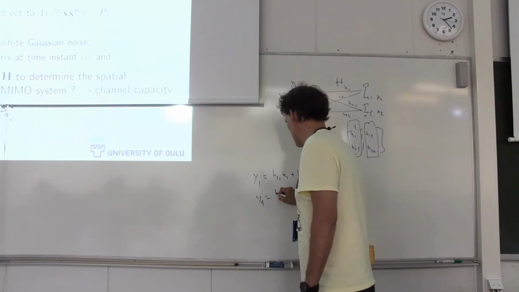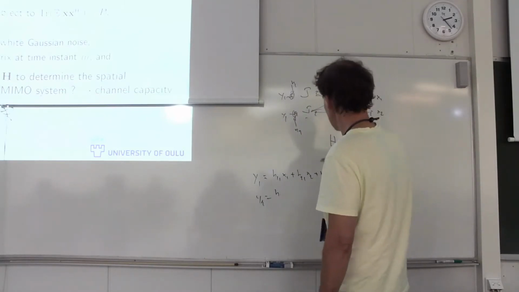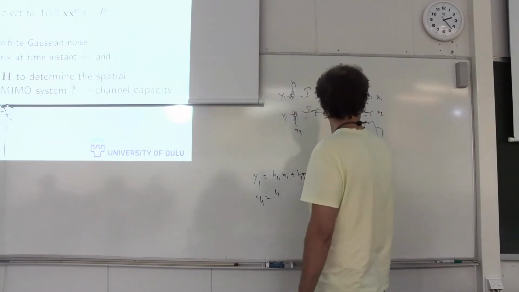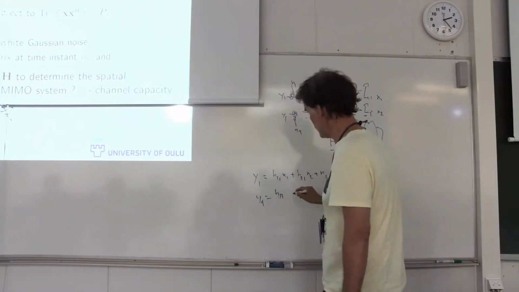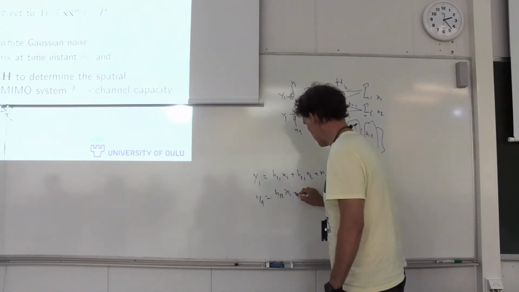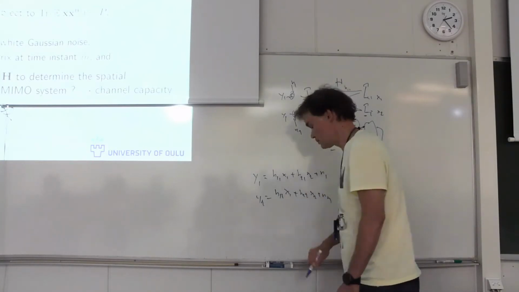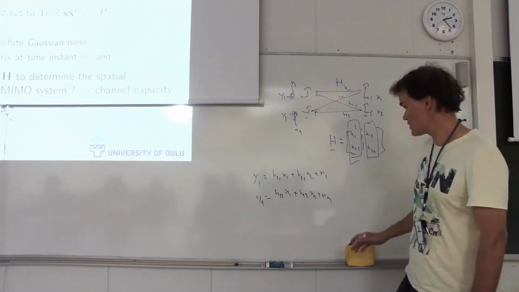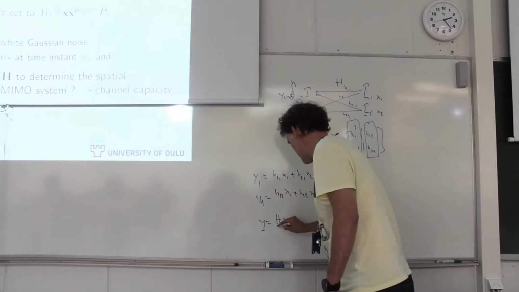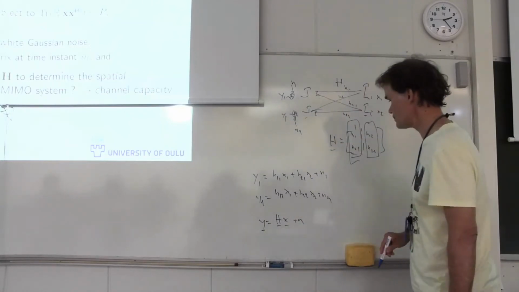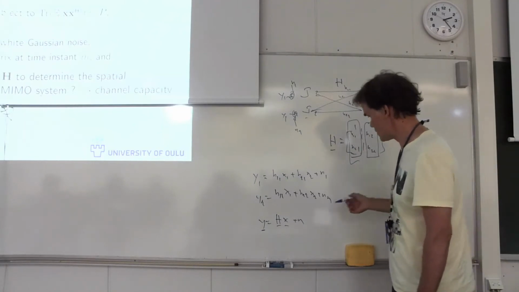And y2 is h12 times x1 plus h22 times x2 plus n2. This is the system of equations, and we can simply represent this in matrix form.